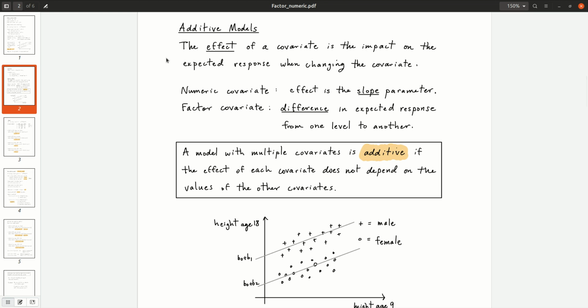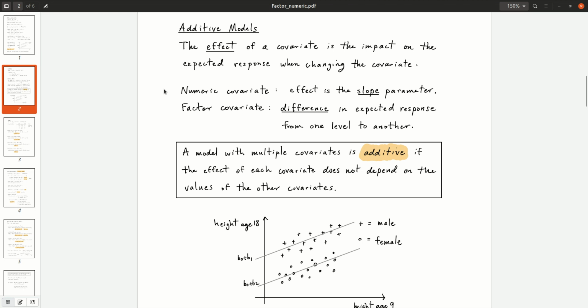To do that, we're going to need this term called effect. I'm going to define this term. The effect of a covariate is the impact on the expected response when changing the covariate. Okay, so that's a bit of a word salad. The effect of a covariate is the impact on the expected response when I change the covariate.